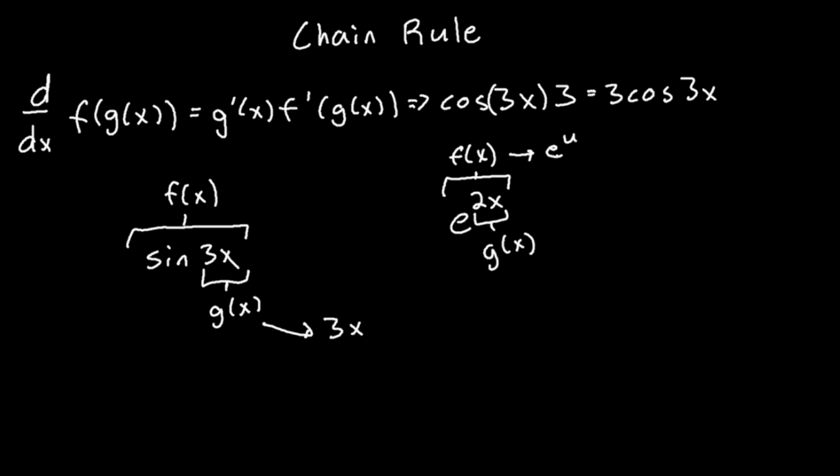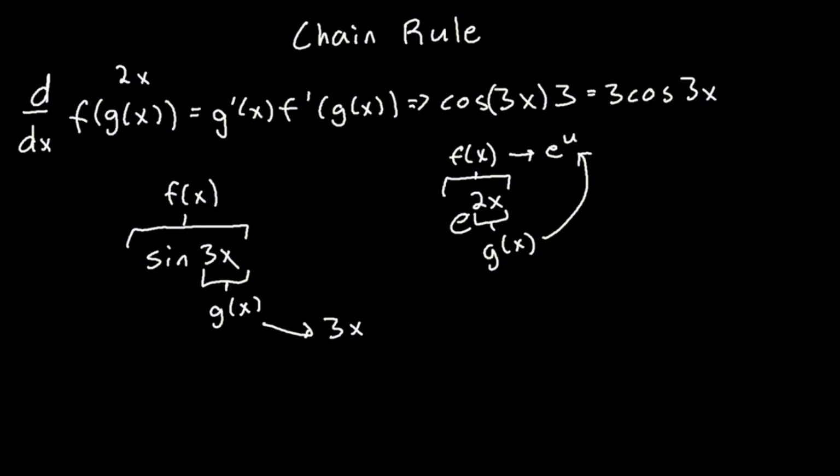So if e to the u, and u in this case is g of x, was e to the 2x, then this is sort of the format of it. You have a function g of x, which is 2x in this case, inside of a larger function, which is e to the x, or e to the u. So you plug in 2x into e to the x up here to get e to the 2x.